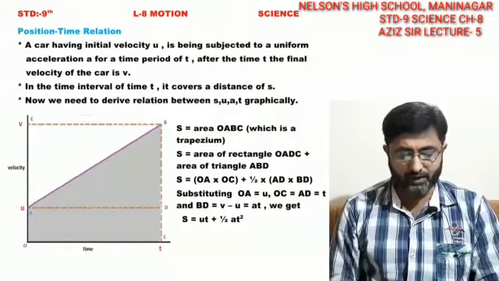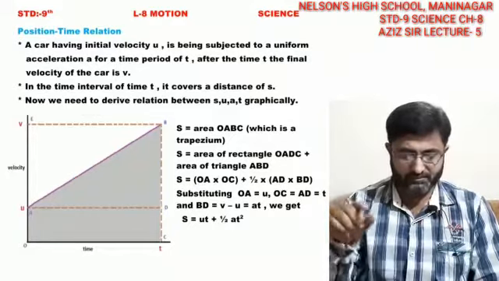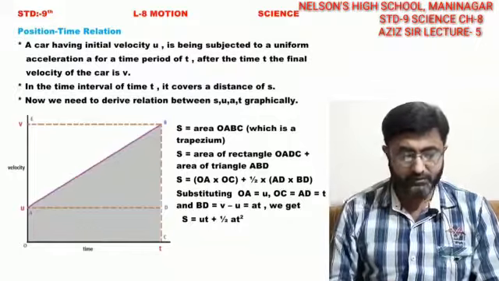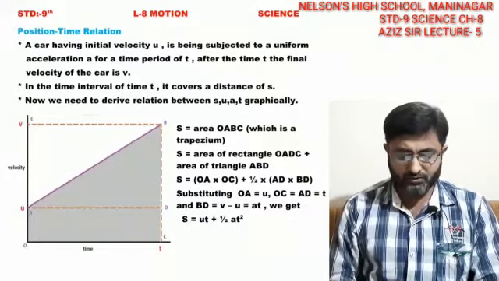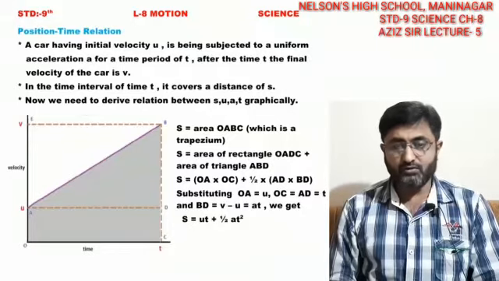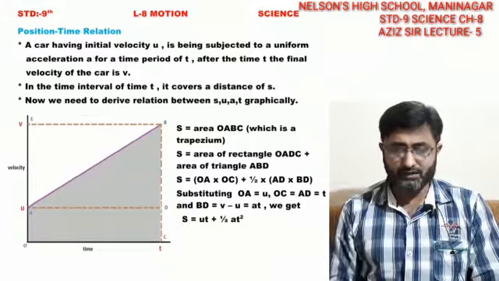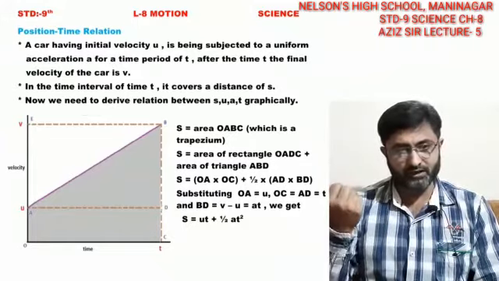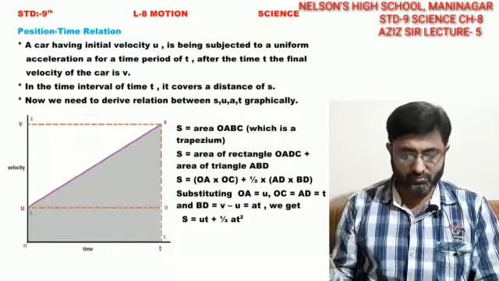So here it will be half into AD, that is the base, and BD, that is the altitude. Substituting these values, OA as U, OC and AD as T, and BD, as we derived before, is V minus U, which is equal to AT.